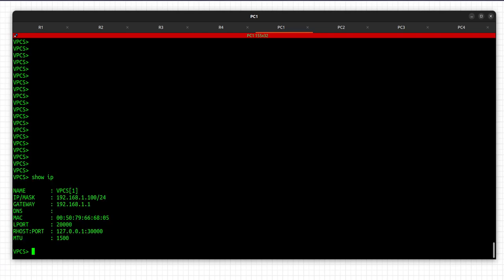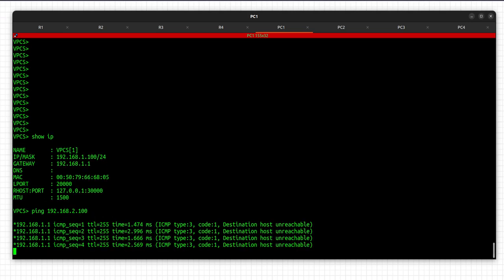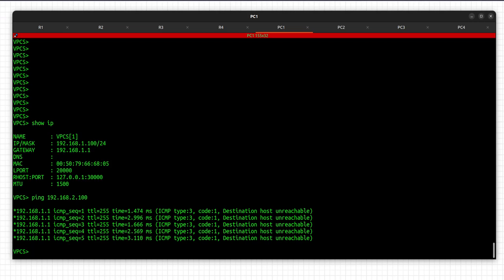It has 1.100. Let's ping PC2, for example. It has the IP address 2.100. We can see destination host unreachable. So router 1 doesn't know the network 2.0/24, it doesn't know how to reach that.